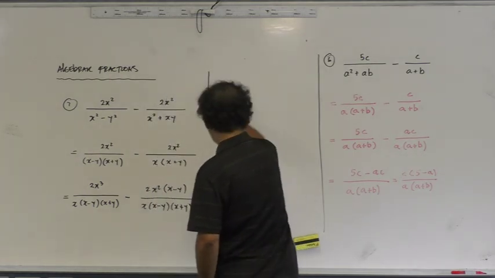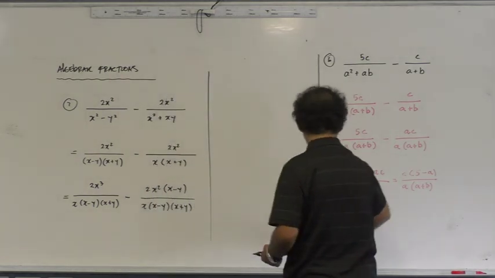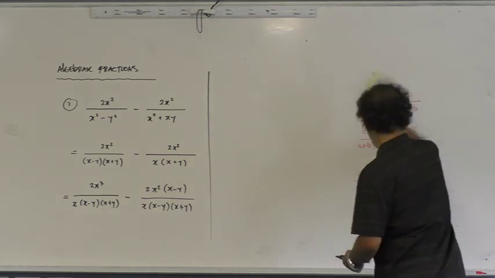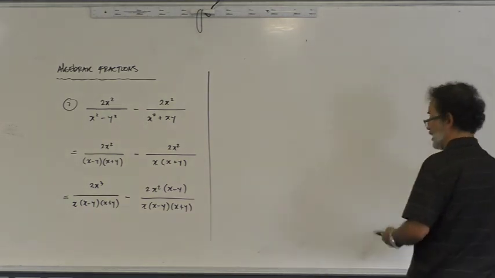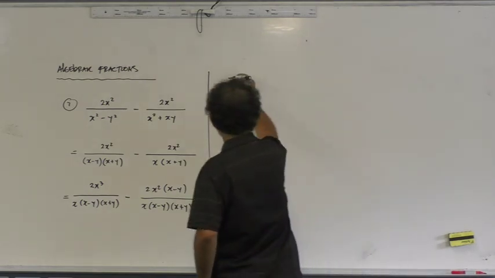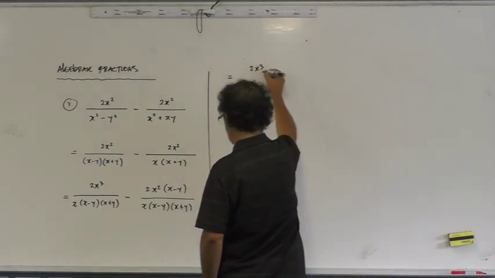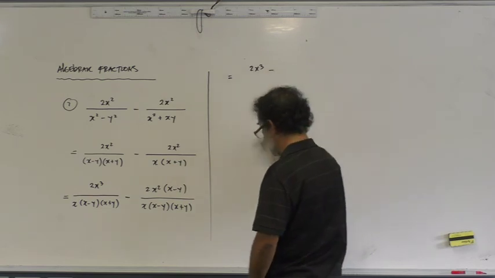Okay, now we have the same denominator, so then we can put them together. It's going to be 2x cubed, and then minus 2x cubed.